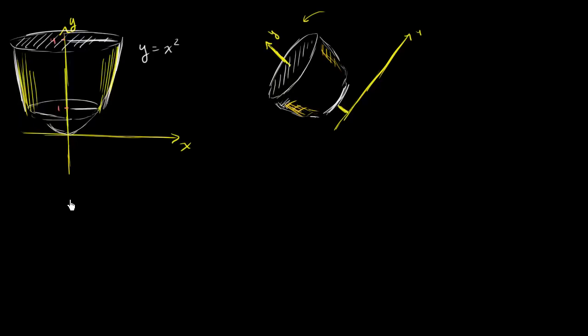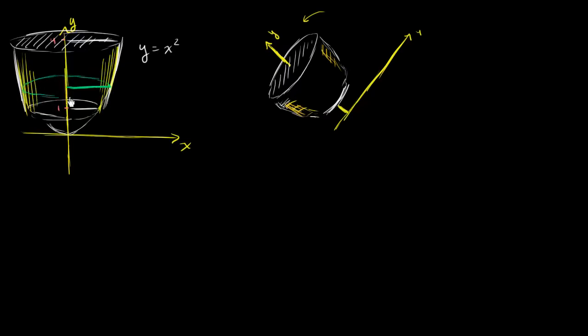Well, instead of creating disks where the depth is in little dx's, what if we created disks where the depth is in dy's? So let's think about constructing a disk at a certain y value, a disk right over there that has the same radius as the shape at that point.